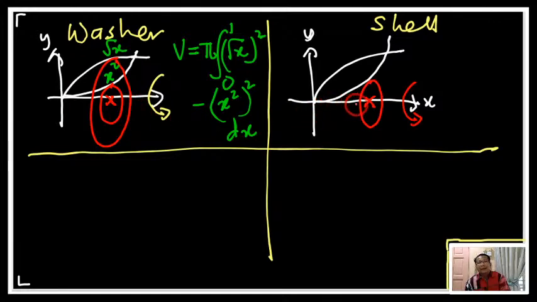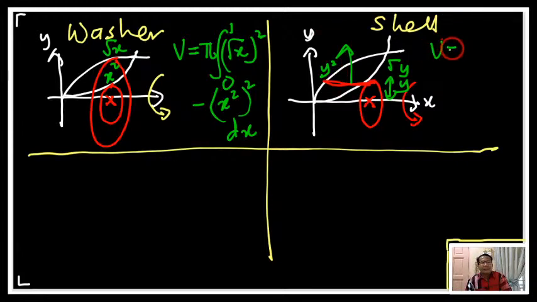Now you have a cylinder from the center to the top. So you have a cylinder like this. This is your radius y, and your height is right minus left. So this one is sec y, and this one is y squared.